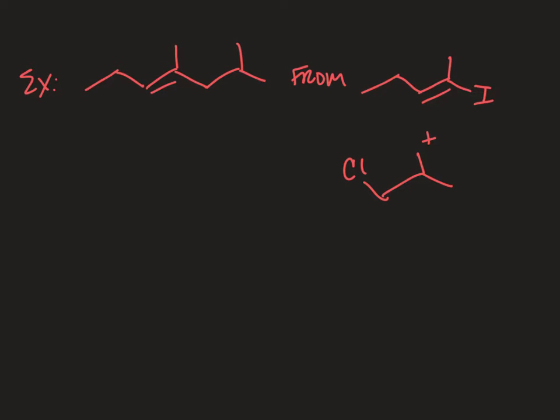So let's see if we can see our pieces. We have 2, 3, 4, 5, 2, 3, 4, 5. So there are the carbons from the vinylic halide. Then I have 2, 3, 4, 2, 3, 4. So there are the carbons from the alkyl halide, which means this is my new carbon-carbon bond that I'm going to form. So I need to make a new bond between this carbon and this carbon.